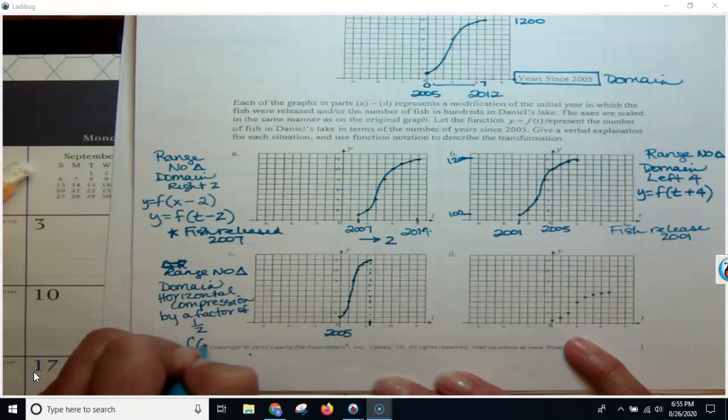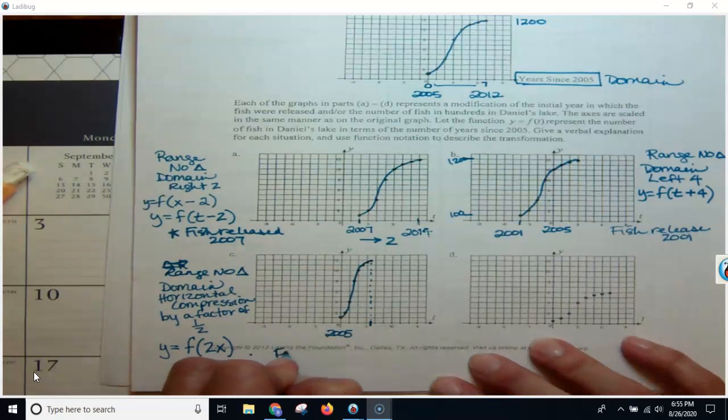But to write that in an equation, we're actually going to do f of x over 2, like this. Because remember, we use the reciprocal when we are creating the x and y.